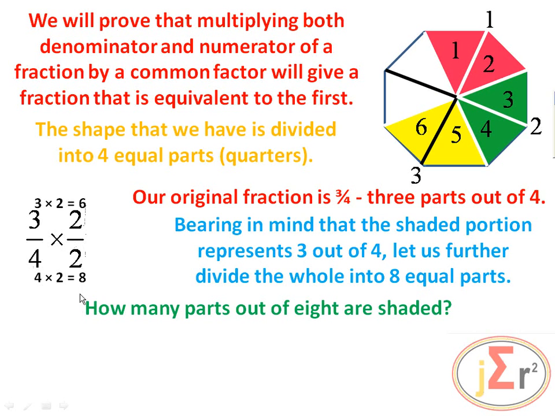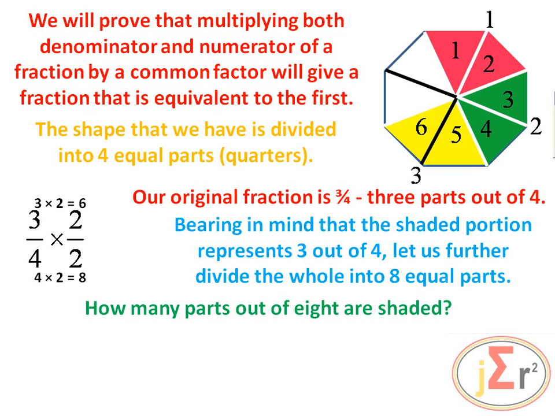What does 8 represent in the figure that we have over here, Jerry? What does 8 represent? The denominator. Right. So 8 represents the denominator, and the 6 represents the numerator.